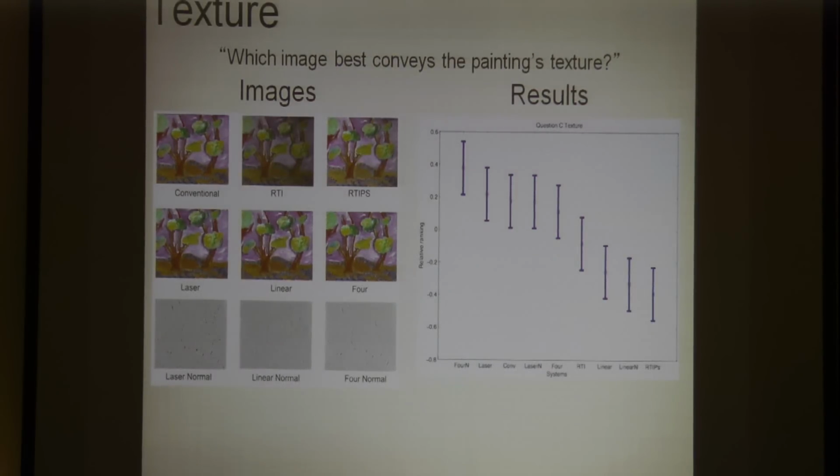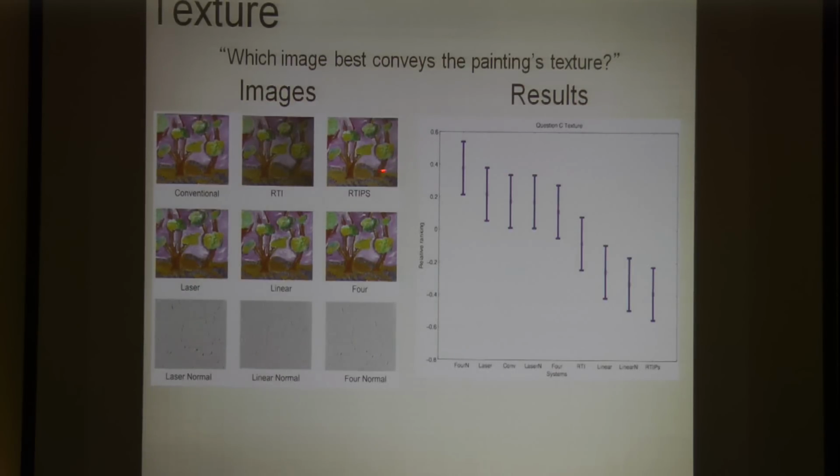Texture. In the case of texture, we added in the surface normal map, so you can do a rendering from the surface normal. We also did a lightness and chroma histogram equalization of the RTI image in order to have it more closely matched.